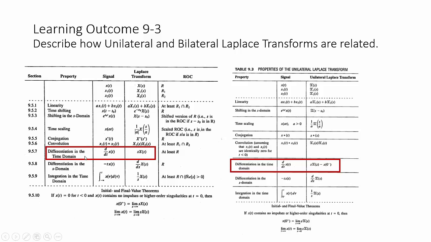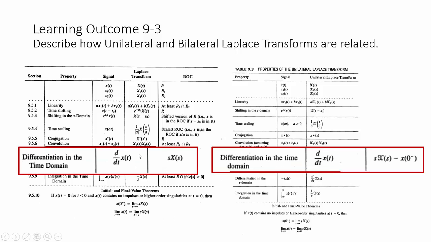Also note differentiation in time. This is something you used quite a bit when you were using Laplace transforms in your differential equations class and your circuits class, because you were using the Laplace transform to make it easier to solve the differential equation. So if you look at the differentiation in the time domain for the bilateral, you have your derivative operation, which gives you a transform of sX of s.